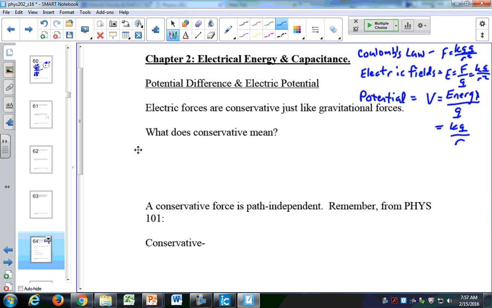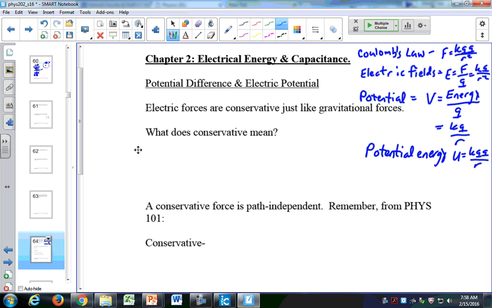We'll also see in this chapter, just go ahead and warn you of this, we'll see potential energy, which is going to be different from potential. It'll just be the energy of a collection of charges. We're going to call that U, and it's going to be equal to KQQ over R. All these equations are in your equation sheet, but I know when I was a student first learning these, it was kind of difficult to keep them all separate because they all look very similar.